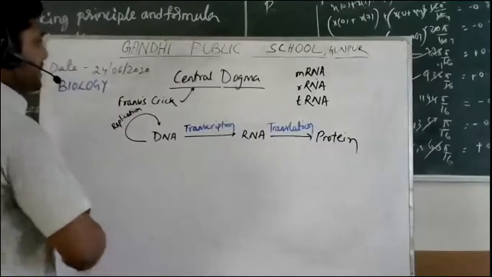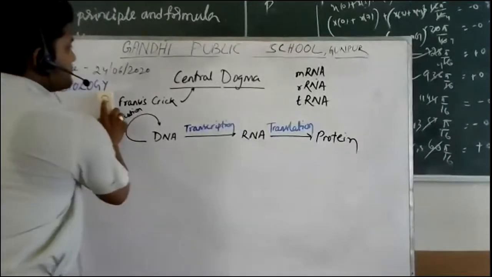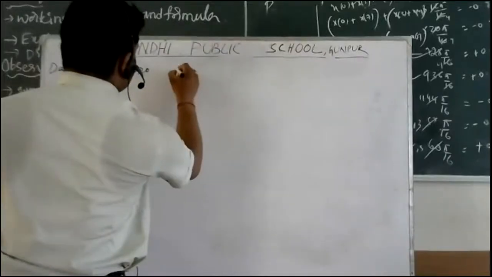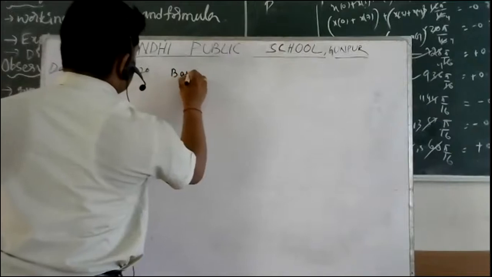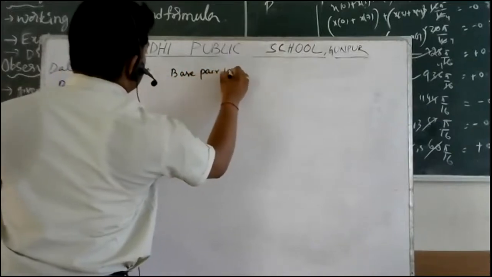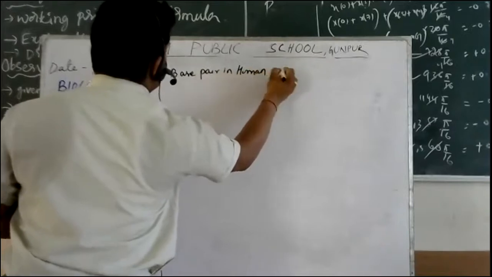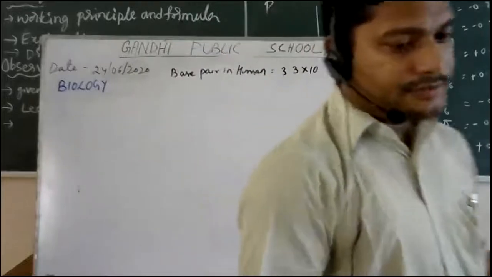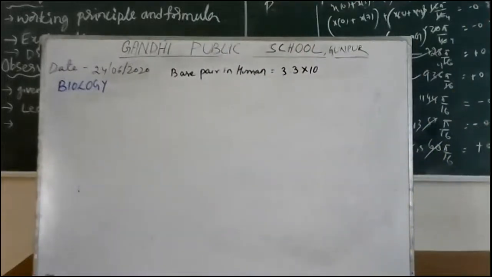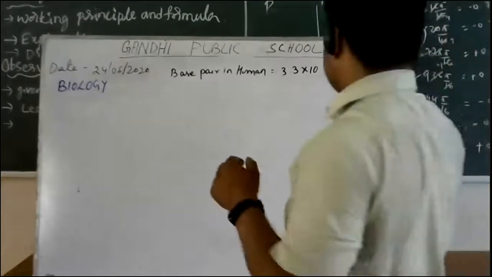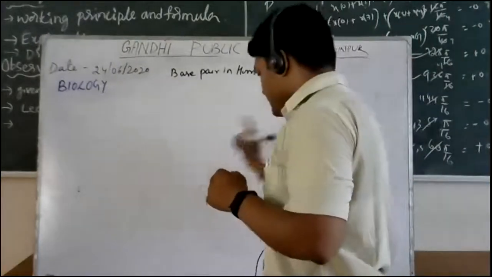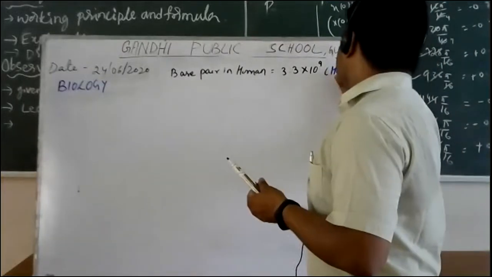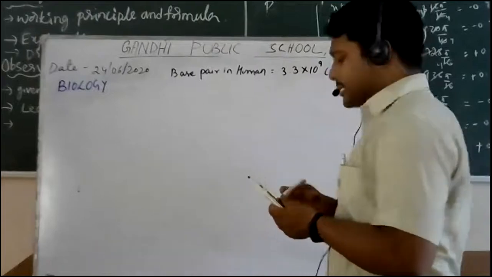Anybody can tell me? 3.3 into 10 to the power 9 base pairs in humans, the total number of base pairs. 10 to the power 9 in what condition? Haploid condition. Very good.